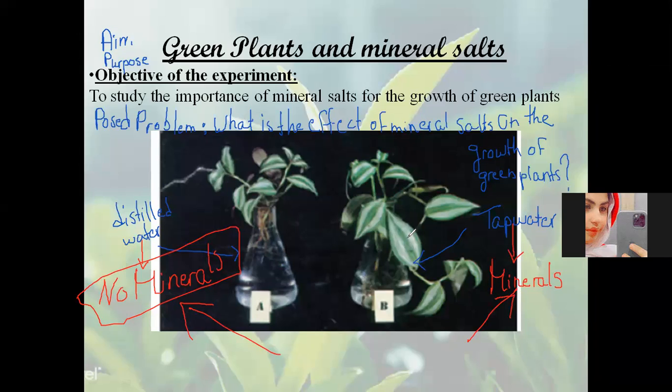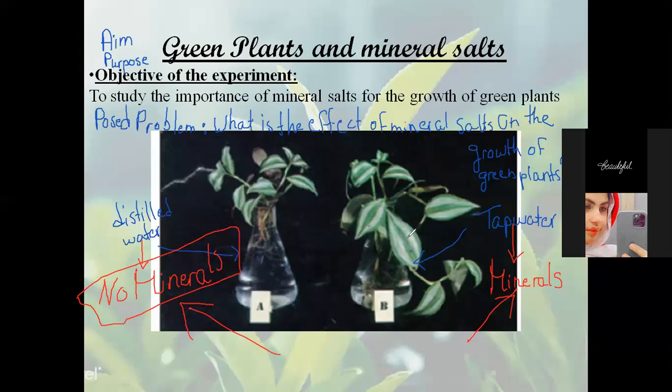What do you think, Zahra? What is the difference between these two plants, plant A and plant B? If I told you to compare the aspects of the two plants, what is the difference? No, I'm talking about the aspects, meaning the appearance, the shape of these two plants.